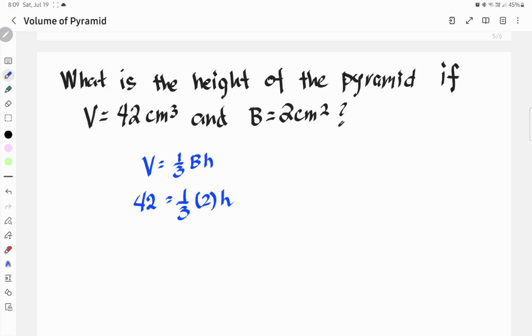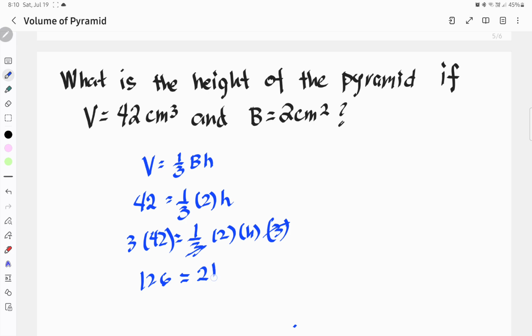Another technique is that we can multiply both sides by 3, the multiplication property of equality. So 3 times 42 would be 126, right?